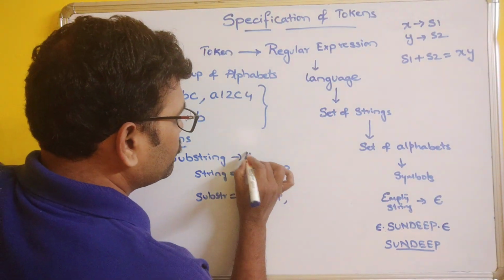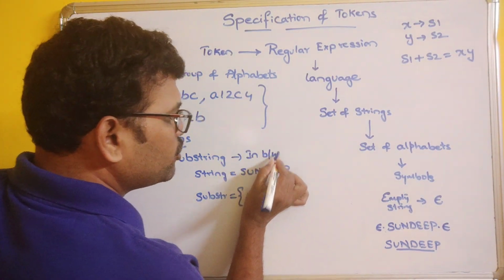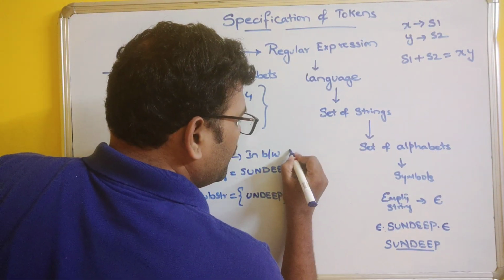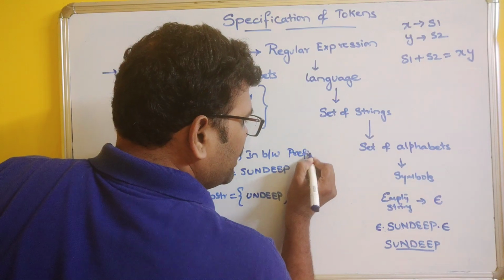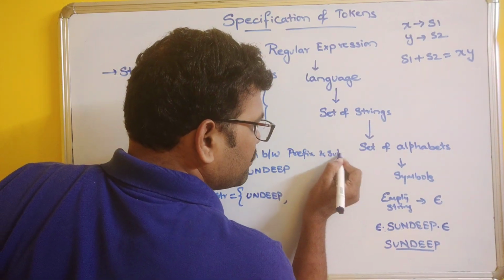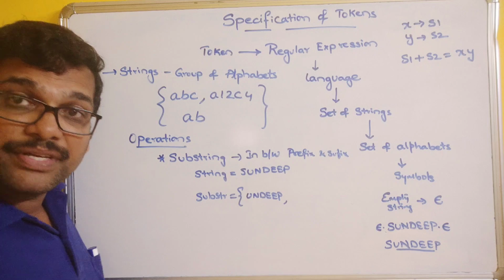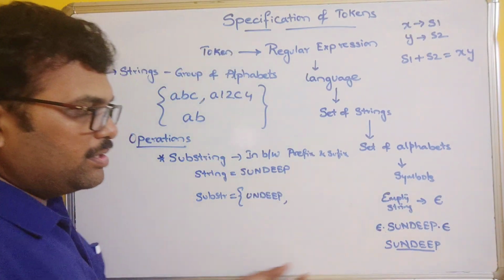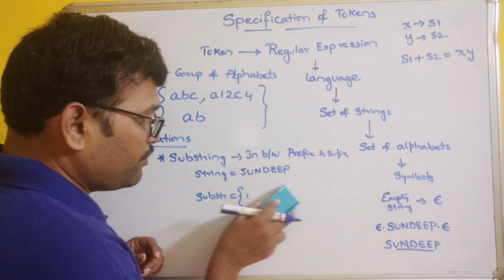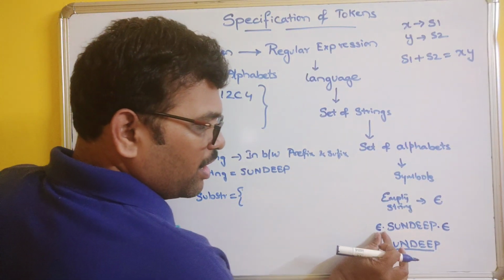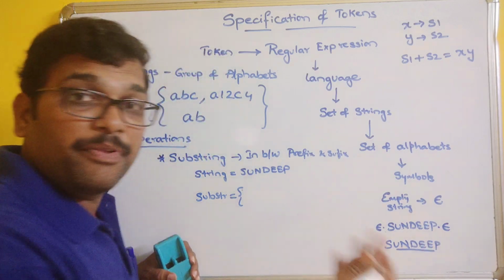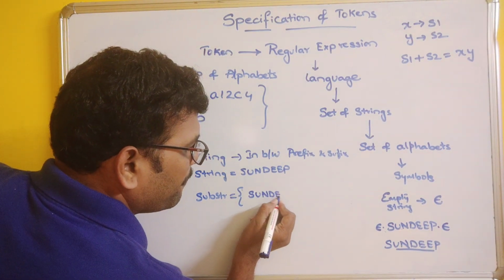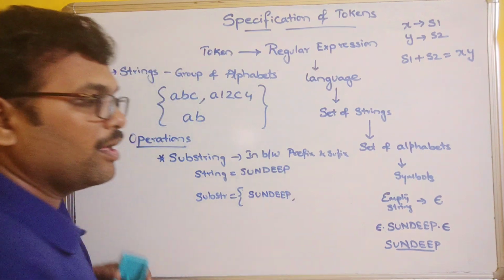In between, I am writing the shortcut W, meaning between the prefix and suffix. That will be the substring. Here you can observe, if epsilon and epsilon are the prefix and suffix, you can simply write it as Sundeep.